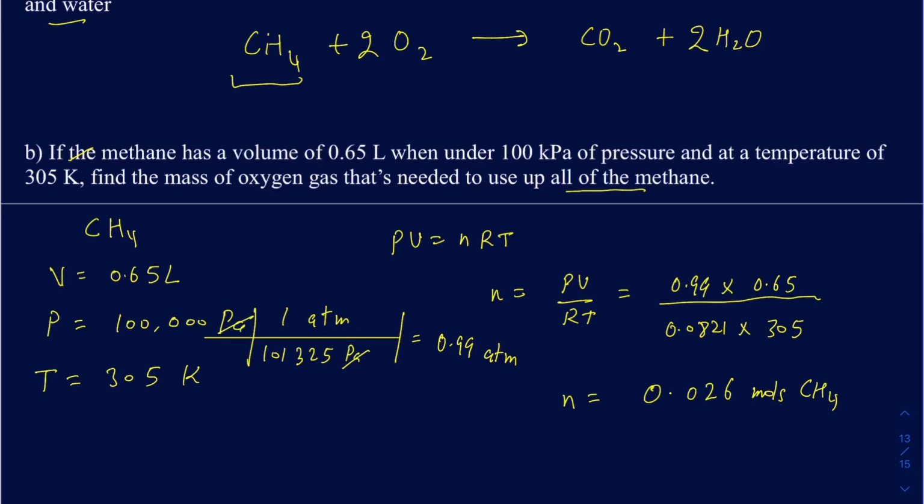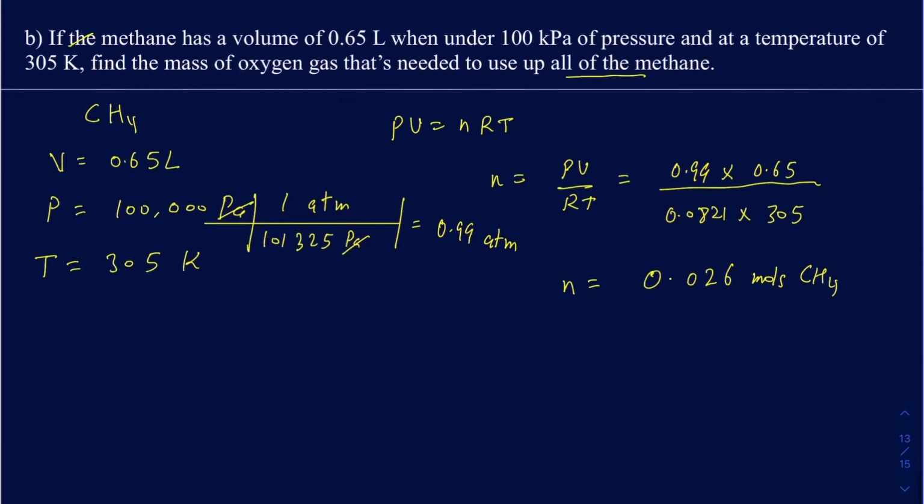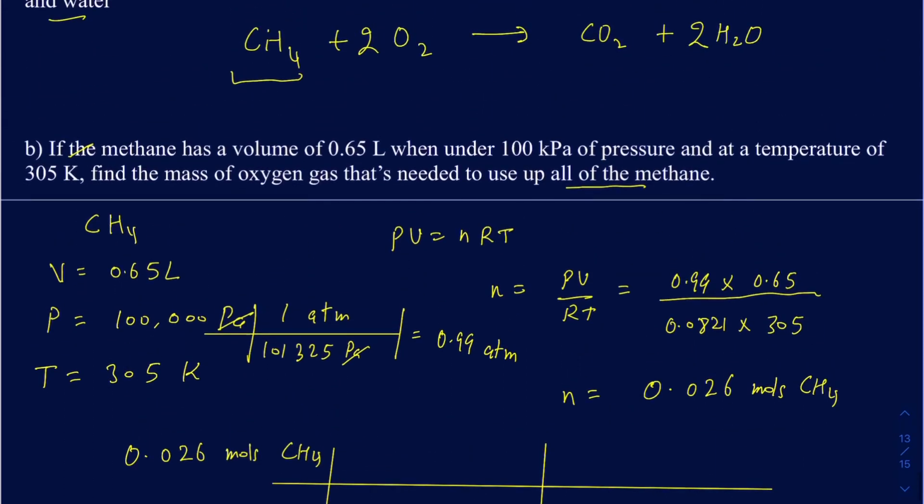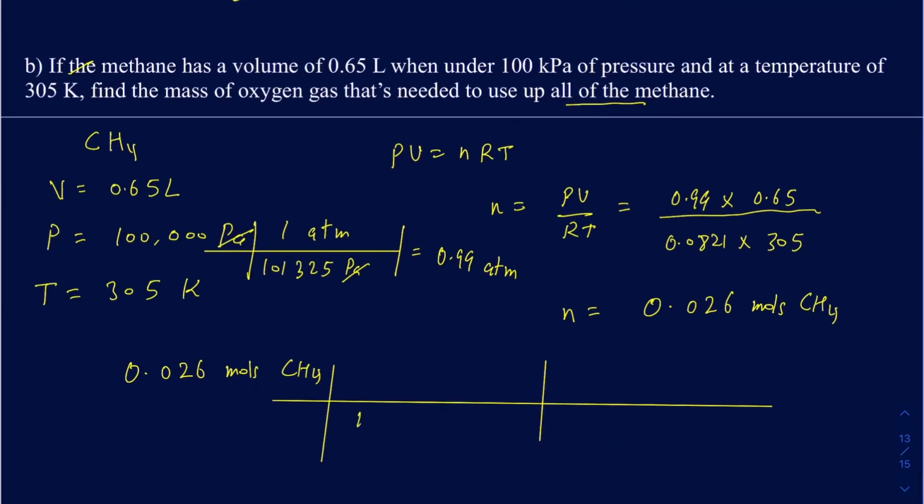So I can go and set up the stoichiometry relation here. Starting out with the moles of CH4, we have 0.026 moles of CH4, and then go ahead and find the moles of oxygen. If I go back and look at the stoichiometry relation, for every 1 mole of CH4, you need 2 moles of oxygen. So I'll write down 1 mole of CH4 in the denominator and 2 moles of O2 in the numerator.